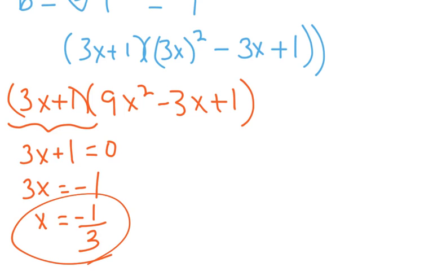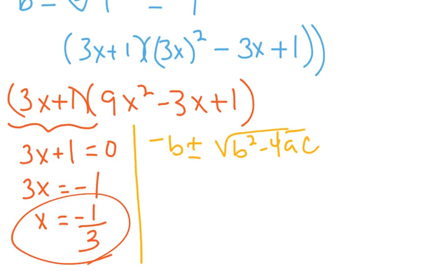So here's one solution. Now we need to see if this factors. I don't believe it does. It definitely doesn't. So guess what? Yay, we use the quadratic formula. I'm going to kind of offset this. So we have -b plus or minus the square root of b squared minus 4ac all over 2a.